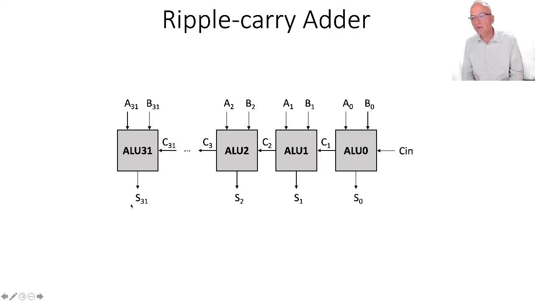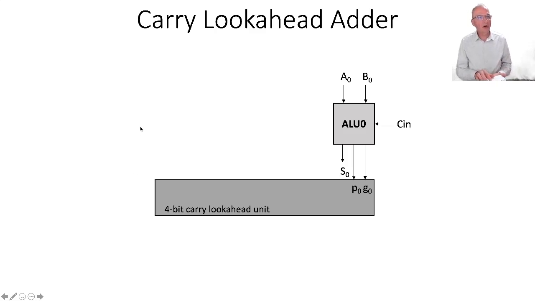The problem with this situation is that this propagation delay is too long for us to be able to do computation at the speed in which we want to do the computing. So we need to do something to speed up this process. And the way we're going to speed it up is by doing something that we call the carry look ahead adder. So I'm going to stop the recording here, and then I'm going to discuss the carry look ahead in the second part of this lecture.